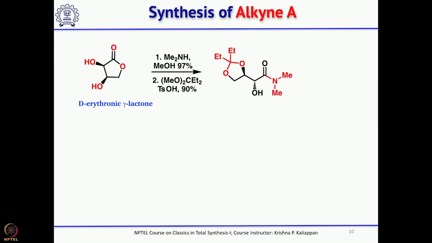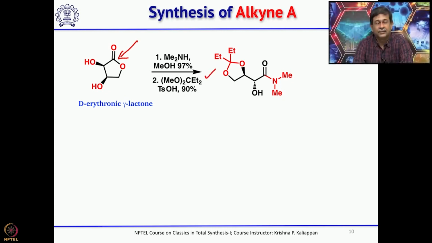Upon treatment with dimethylamine and methanol, one could open this 5-membered lactone to get the corresponding triol and amine. Now the triol, upon treatment with the protected 3-pentanone under acidic conditions, you can see this 1,2-diol was protected as ketal.